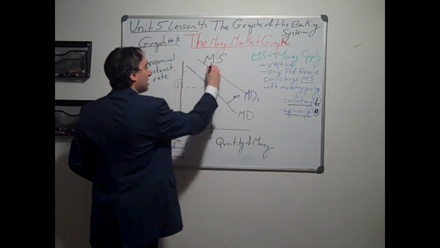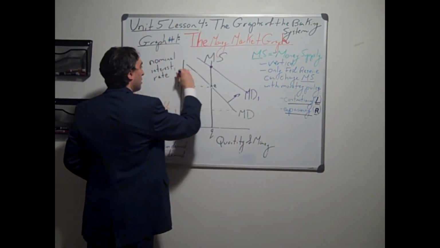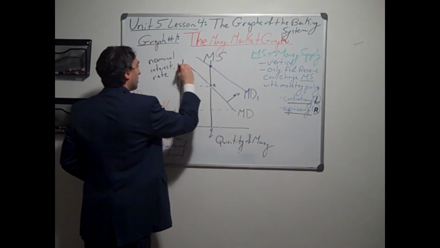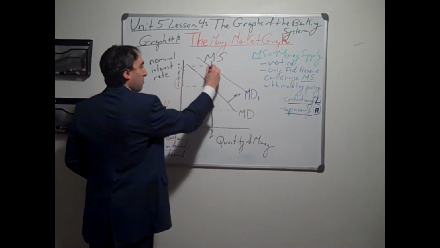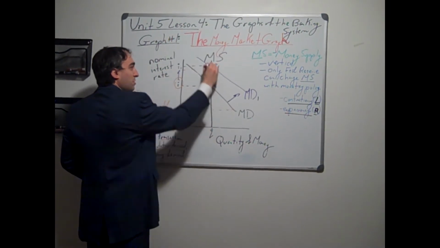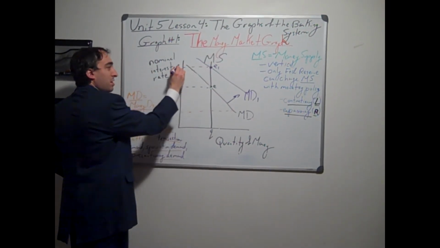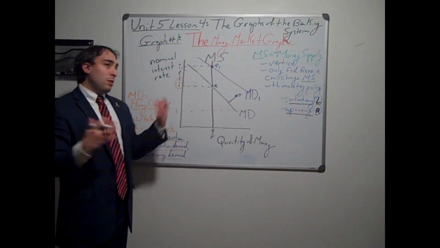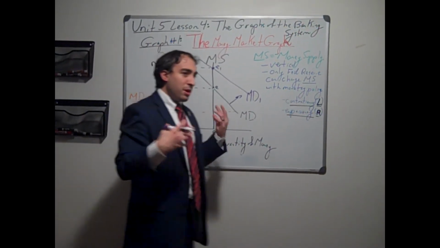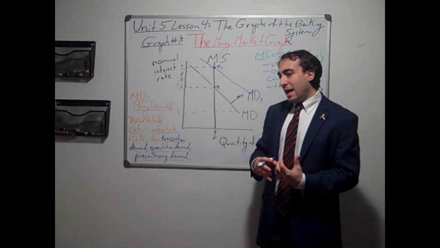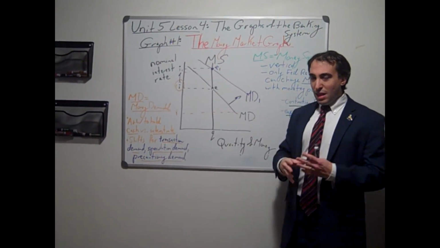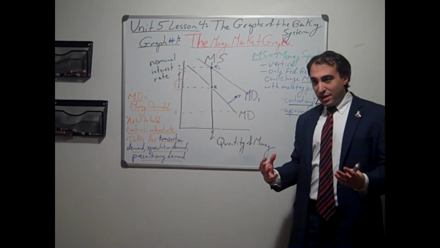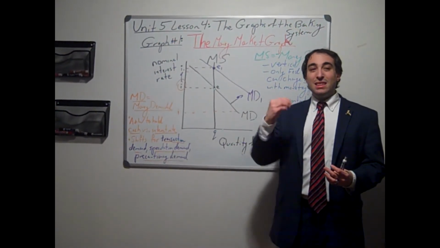So we see as money demanded increases, the interest rate, and we move up, our equilibrium moves up, and our nominal interest rate increases. Well, why? Because if we are using money as cash, even though the amount of money supply in circulation did not change, the amount of money in the bank changed.